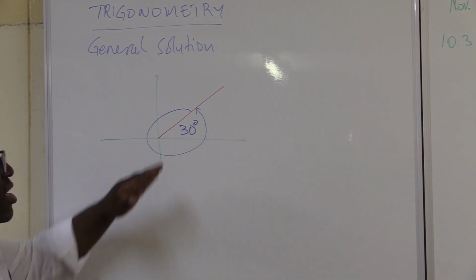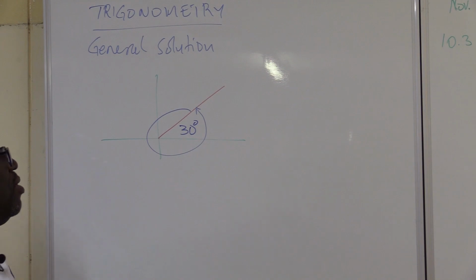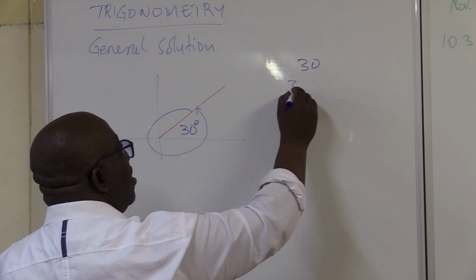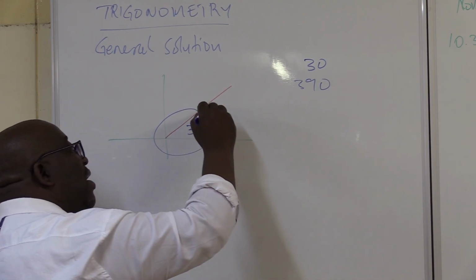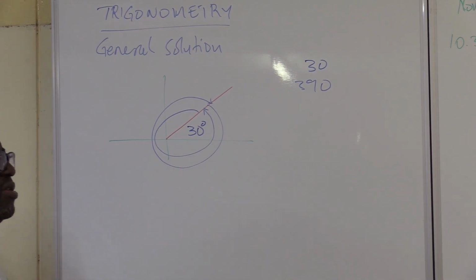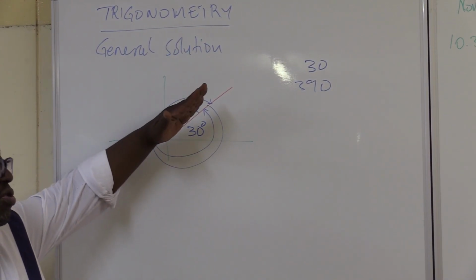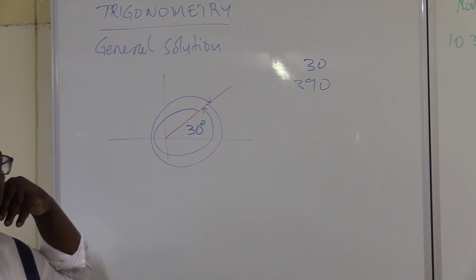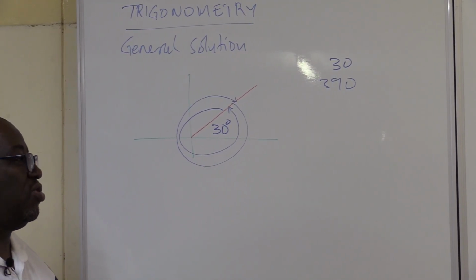So it is not only 30 degrees that lies on this arm. If you add 360, 30 plus 360, it will be 390. Or if you subtract 360, you'll go back to the same position. So there are infinitely many solutions that lie on this arm. We're looking for the solution that will cover all of them. We call that the general solution.